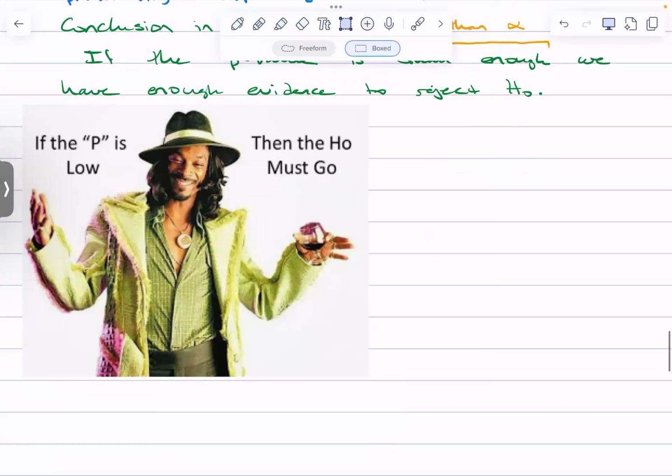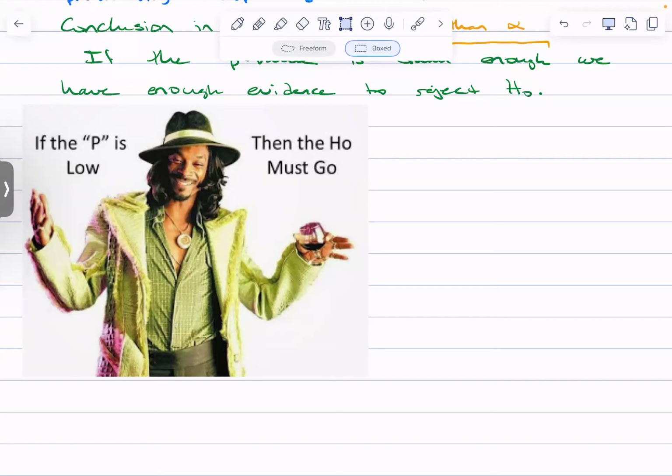It's a little cheeky, but it is helpful. And the number of times that I've seen, if the P is low, then the null hypothesis must go, in the margins of a final exam. I should probably stop using it, but I do think it's helpful.